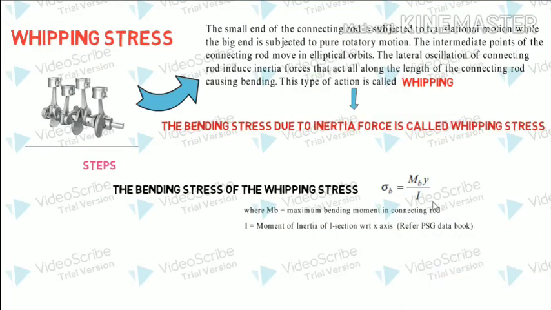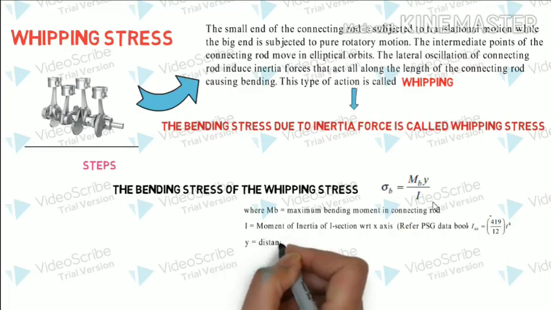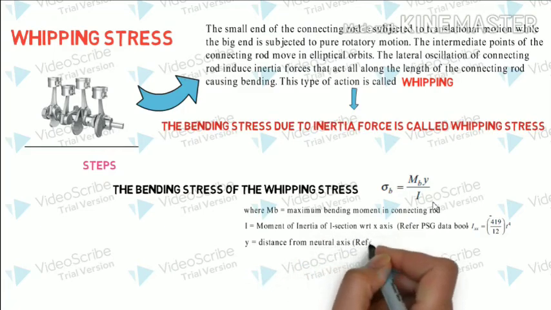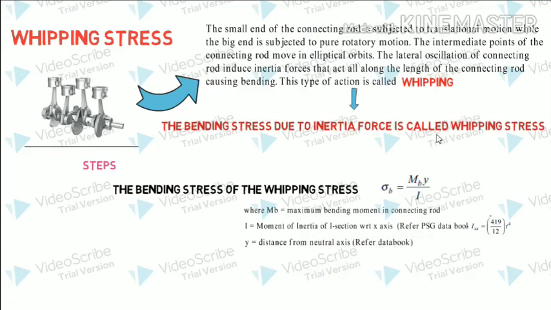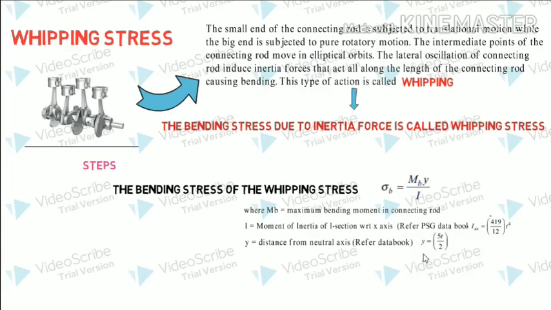For this you can refer to the PSG data book. The value is 419 by 12 into t raised to 4. It is the moment of inertia of the I section, since we are dealing with the shank portion. And y is the distance from the neutral axis, and this also you can get from the data book.